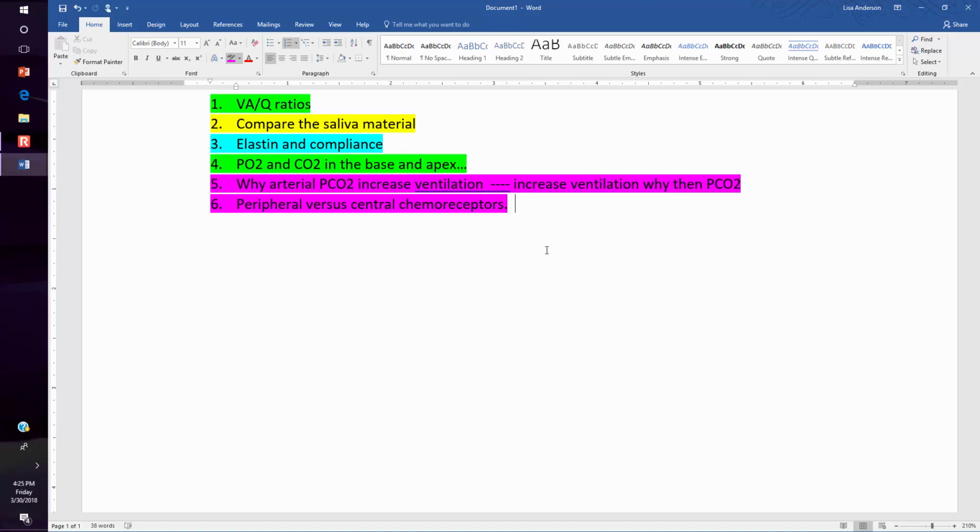The opposite is true. If my ventilation goes down, but my metabolism stays the same, then I'm making CO2 faster than I'm getting rid of it, and my PCO2 should go up. Oxygen is going to be the opposite.